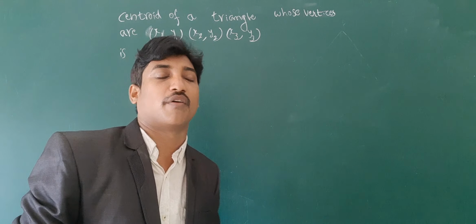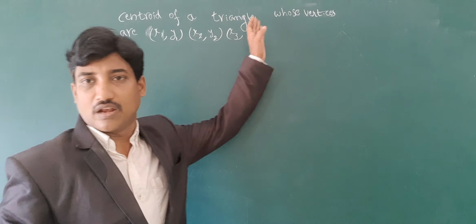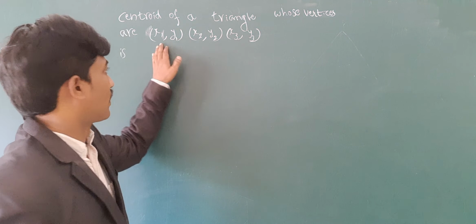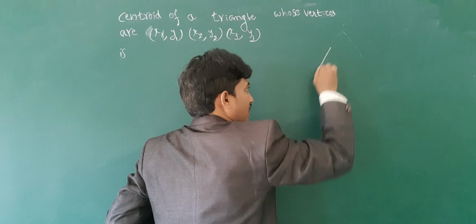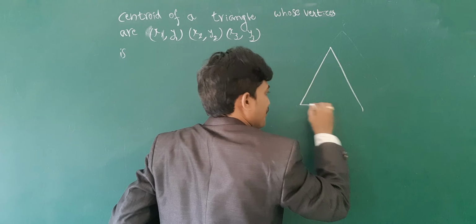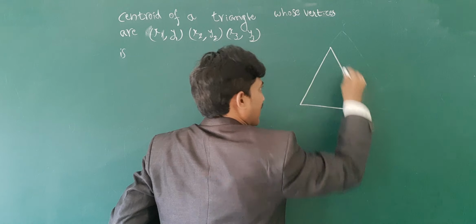Now let us write the formula for the centroid of a triangle whose vertices are x1, y1, x2, y2, x3, y3. For example, ABC is a triangle with vertices A(x1, y1), B(x2, y2) and C(x3, y3).